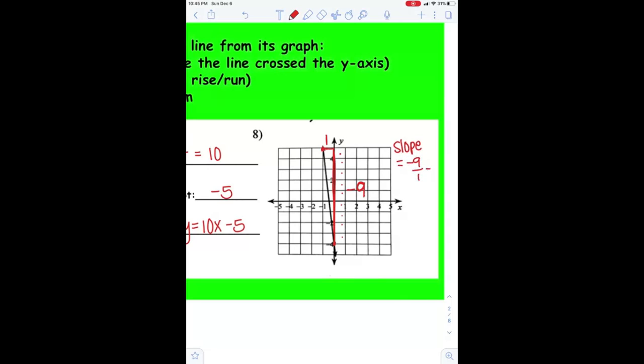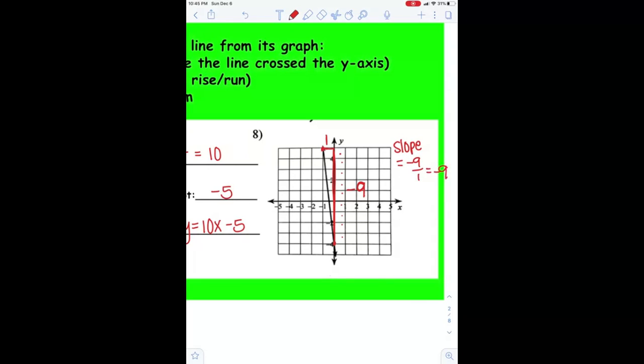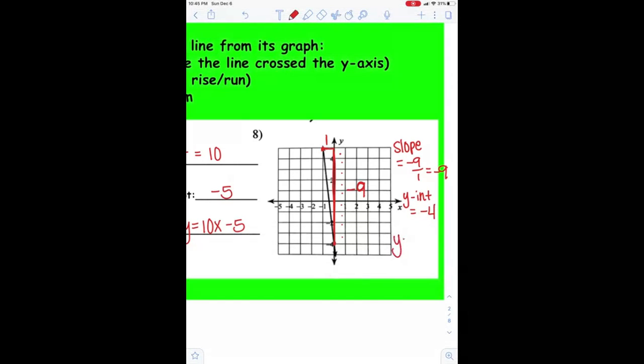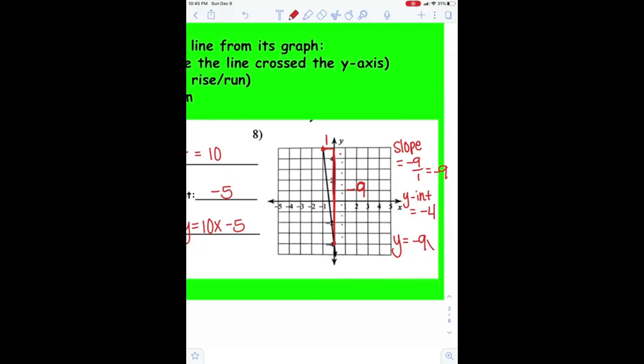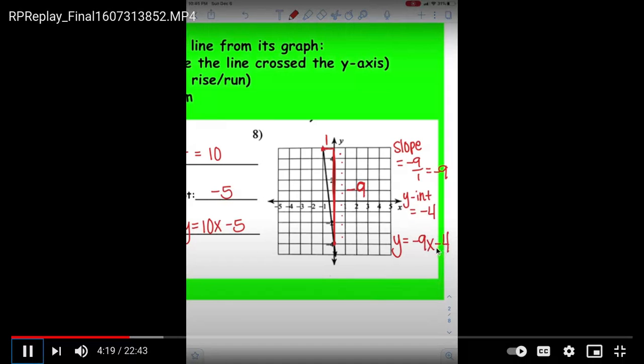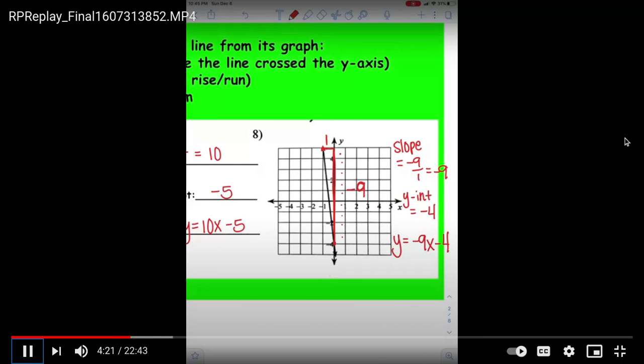My slope is going to be -9. And then my y-intercept is where my graph crosses the y-axis right here at -4. So I'm going to have y equals -9x minus 4. Remember, I'm using minus 4 instead of plus -4.